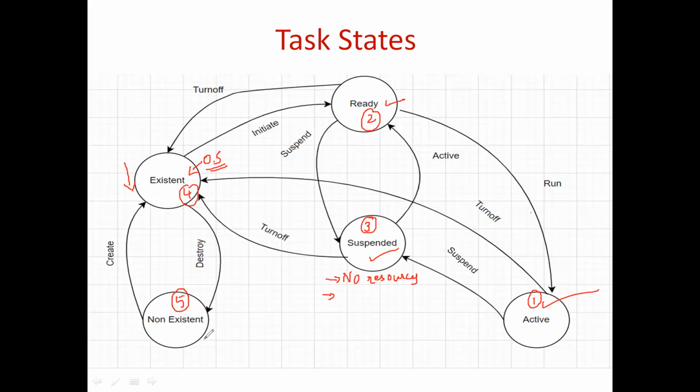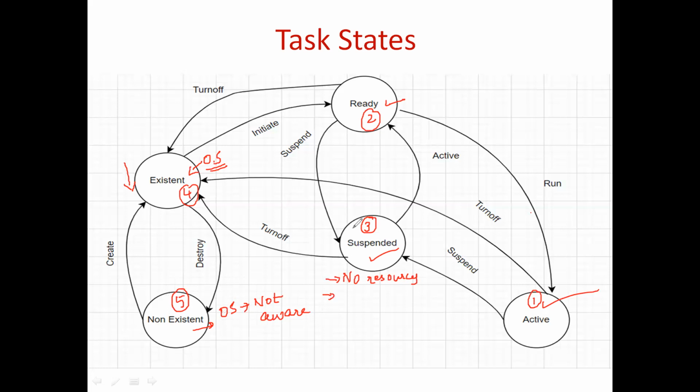Non-existent state means the operating system is not aware of the existence of this task, although it will be in the memory of the computer. Okay, this is about the 5 states.